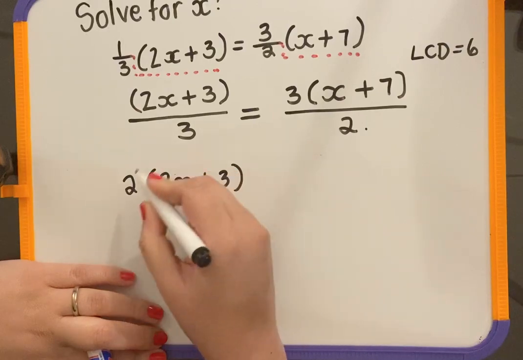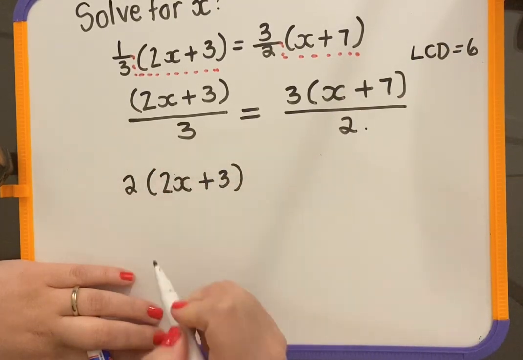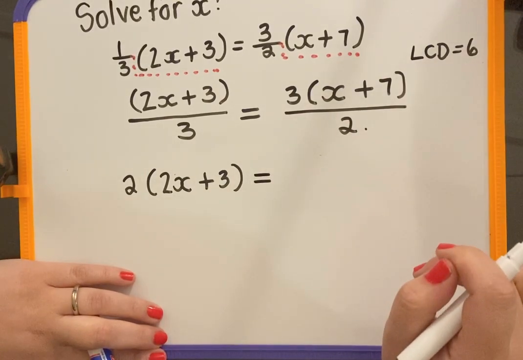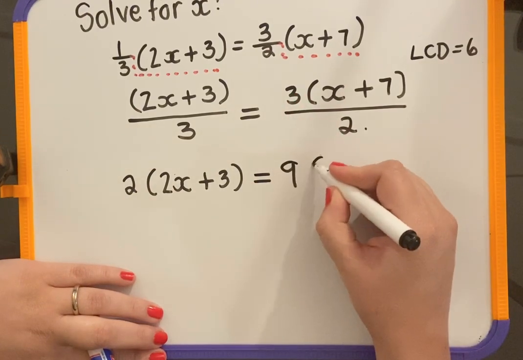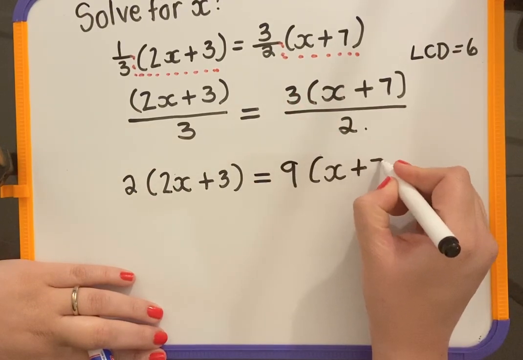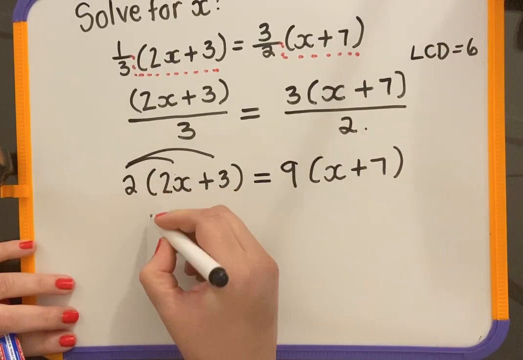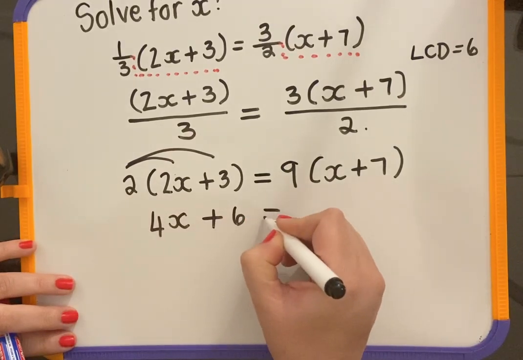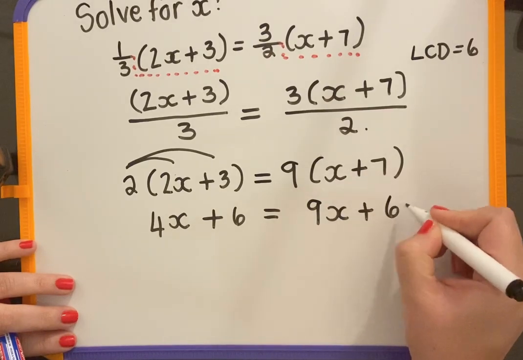And you see how important it is to keep those two brackets there so that we remember to distribute. 2 goes into 6 how many times? 3 times. 3 times 3 is 9. We distribute in: 4x plus 6 equals 9x plus 63.